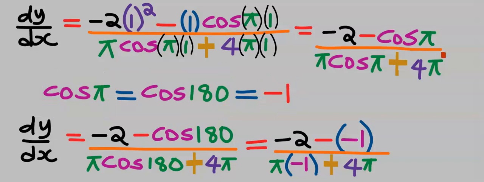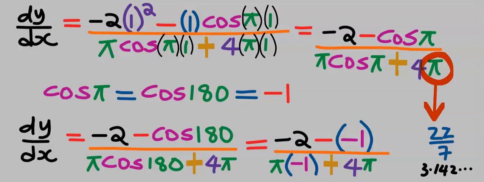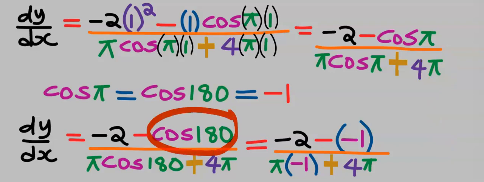However, pi outside a trigonometric function is not equal to 180, it remains your usual 22/7 or 3.142. Hence, this is equal to -1 and this is equal to -1.